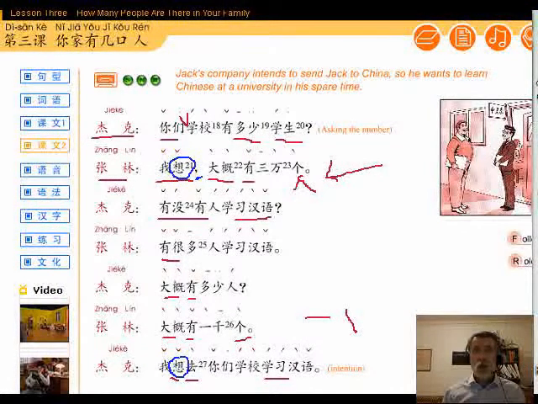And that means I want to. So that's fairly definite, if you like, fairly strong. 我想去你们学校学习. This 想 means I would like to. So in my mind, it's not as strong as 要. It's just something I would like to do. So here, in this case, 想 doesn't mean think. Here it means I would like to.